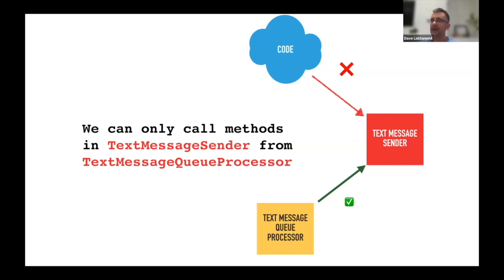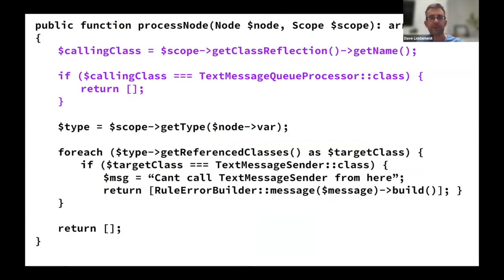So if we're in a class which is text message queue processor, and we've got a method call, it doesn't matter where it's going to, we know this is going to be okay in the context of this rule. So the first two lines are just saying, am I in text message queue processor? And if I am, I'm going to return an empty array because for the context of this rule, everything is fine.